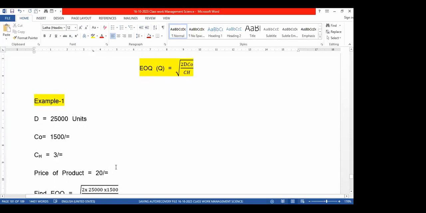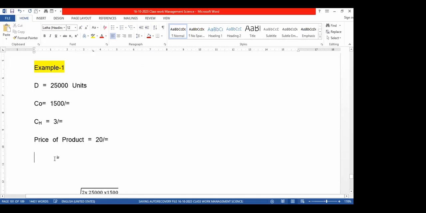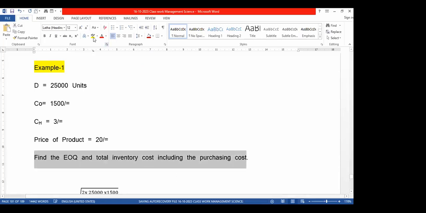Question is find the EOQ and total inventory cost, including the purchasing cost. Okay, that is the question. Do it quickly, 2 minutes, and say the answers.